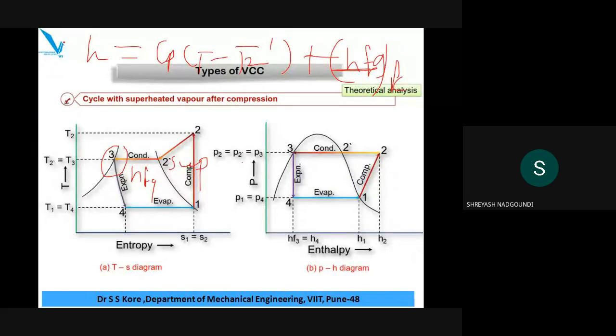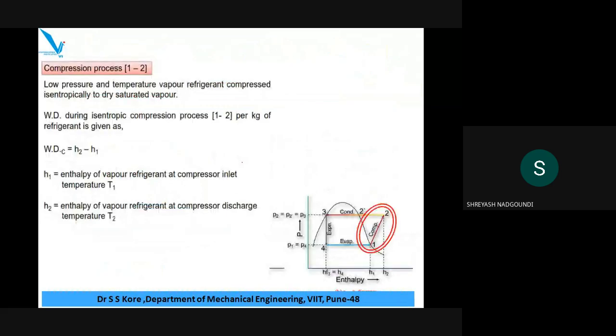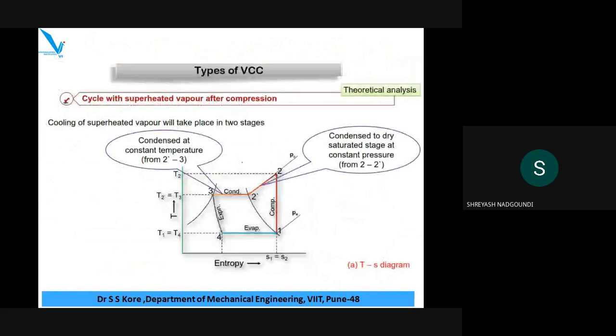This is the first slide. Second slide, compressor work, H2 minus H1. Think how to find out H2, how to find out H1. Next slide, condensation process. In two stages, we are rejecting the heat.